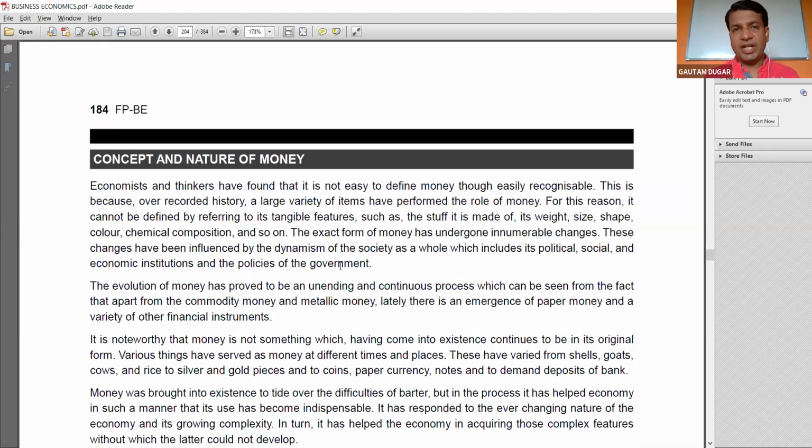It's a medium of exchange, a store of value, a standard of deferred payments, and the transfer of value. The four functions which money performs, if any commodity or thing can perform these functions, then that is called money.